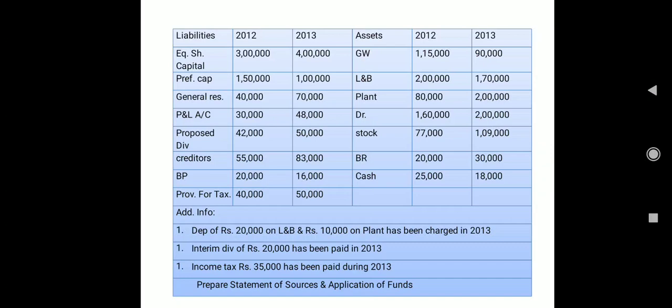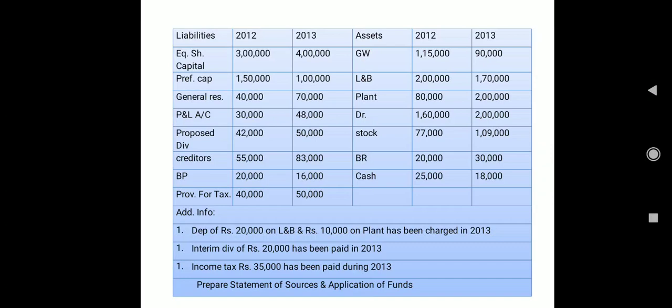The very first is, in the given question, which are our current items, that can be current assets or current liabilities. Once you specify the current items, mark them and keep them separate, and keep in mind that these current items appear only in the first step, while preparing the statement showing changes in working capital.